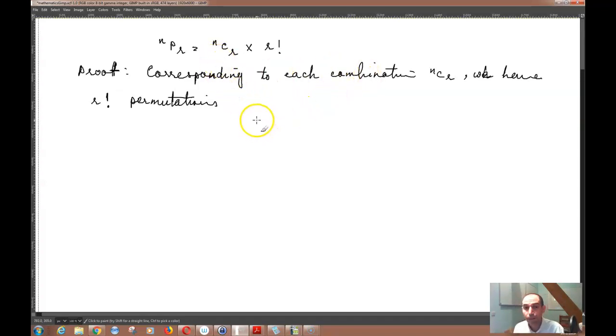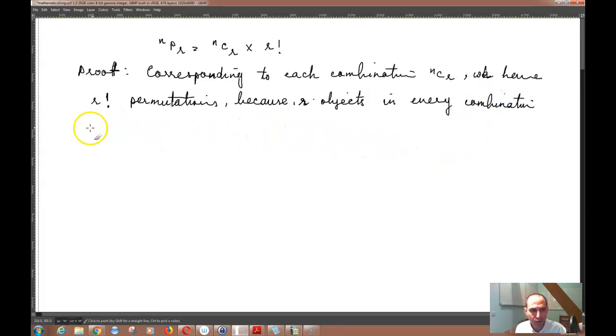And this is a very logical and absolutely correct statement, because R objects in every combination can be rearranged in R factorial ways.